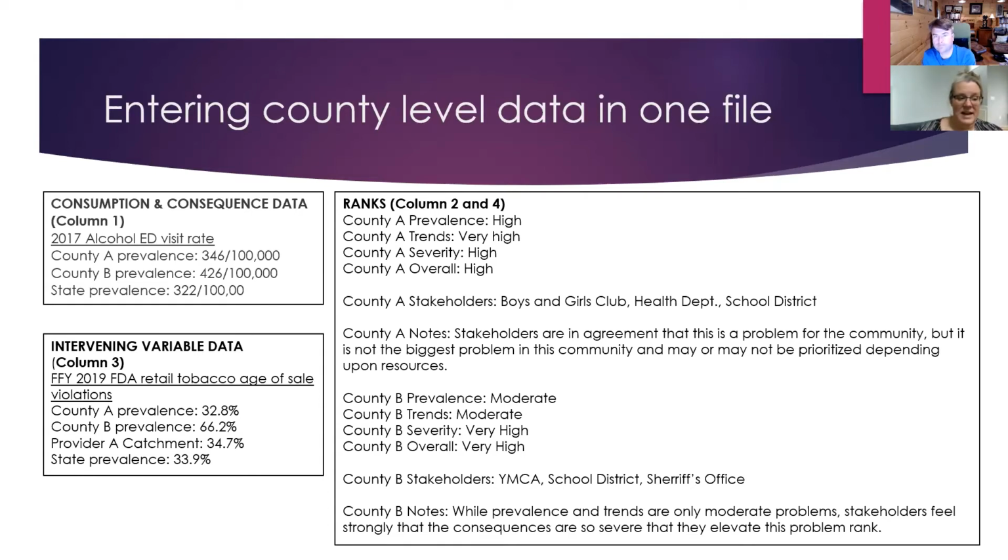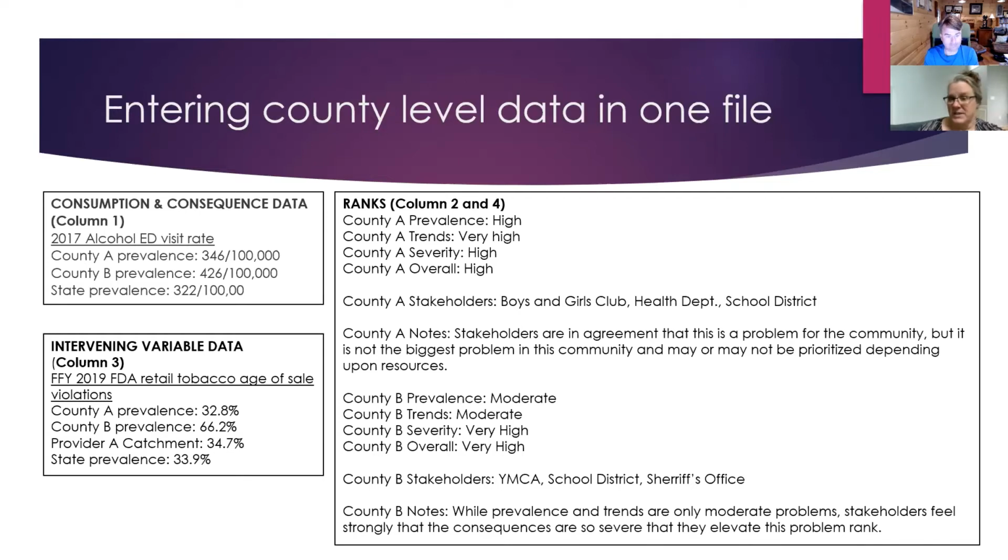Similarly, the intervening variable data will be really similar. If you look at the second box in the left-hand column, we've identified the measure, and we've listed County A, County B for the examples, and of course we'd replace those with actual county names.